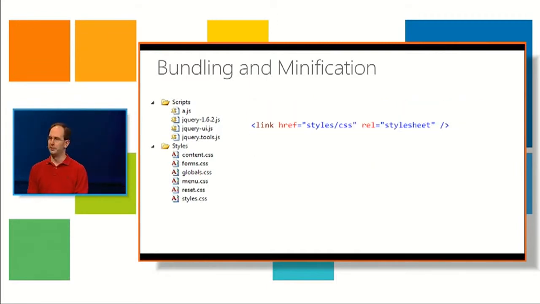What you can do with bundling and minification is shrink that down into one link reference that, instead of pointing at individual files, points to the directory name and then says /CSS. On the server side, when you send a request like that, ASP.NET will look in that directory, find all the CSS style sheets, merge them together, strip out white space, strip out comments, and send down a single HTTP payload to the browser. Everything renders the same way, but now it renders much faster because it's a single HTTP request.